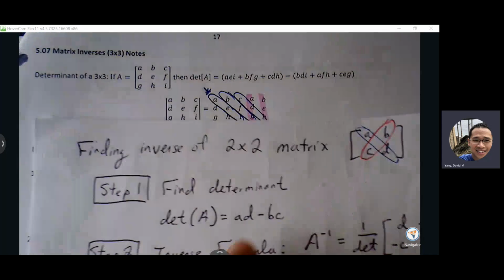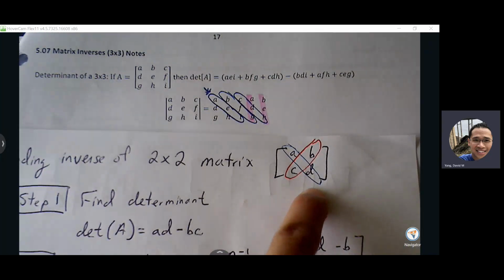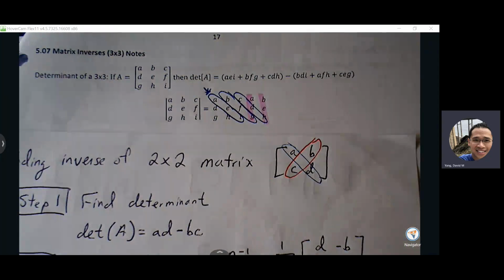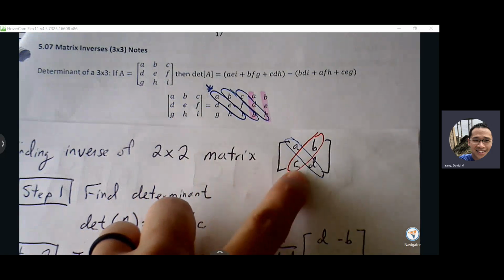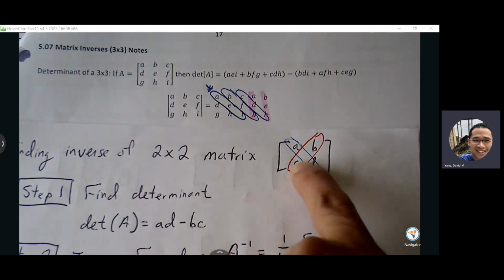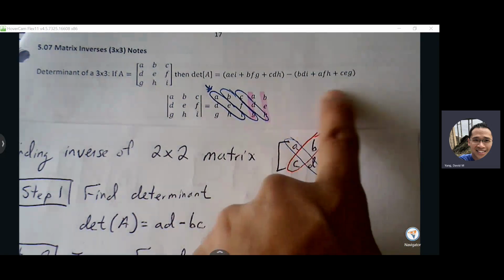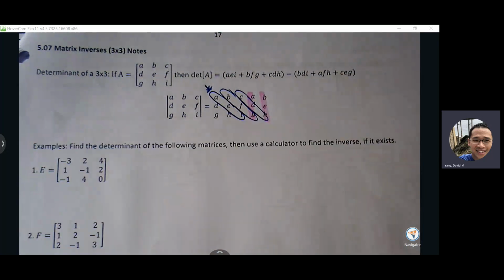So these sets of diagonals kind of represent the AD. But it's a lot more involved because we have a lot more pairings or groups than what we have here. But then we have to subtract the BC. So the quote unquote BC is the diagonal in the other direction. So starting at the bottom corner, we're also going to find triplets or groups of 3.